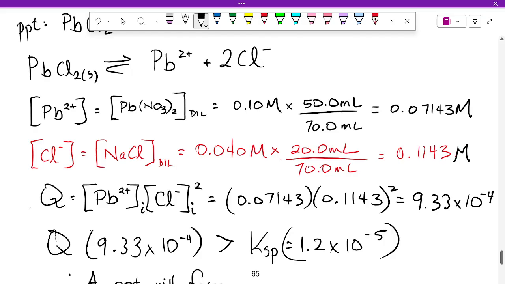I think it's 0.011. 0.04 times 20 divided by 70 equals, yes. 0.07143 times 0.01143 squared equals something times 10 to the minus 6. Oh, I'm sad. I was hoping we would get a precipitate for once, but that's okay.